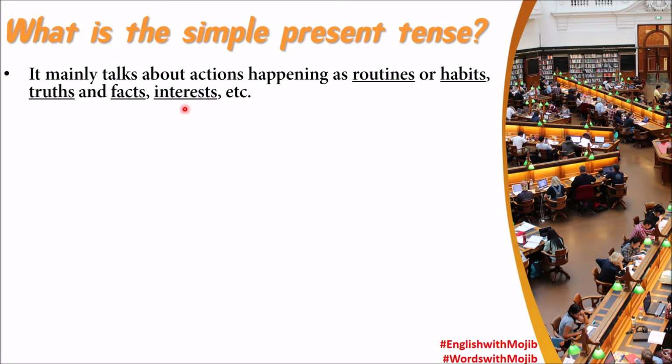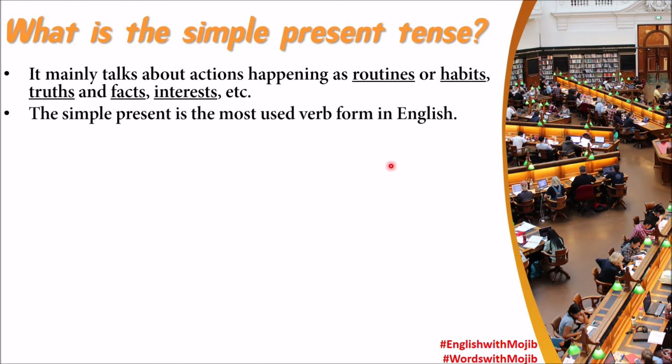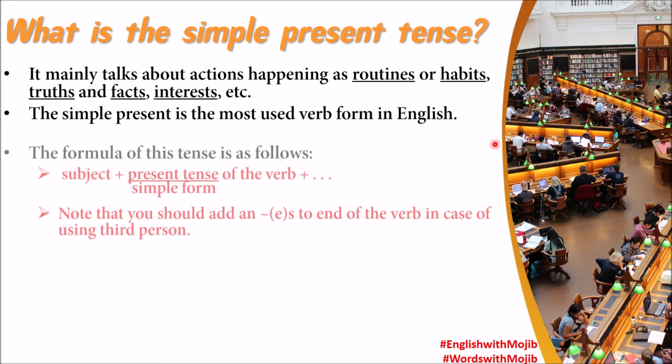Interests, something you like, you dislike, you hate, you love, etc. Other things, same as these. The simple present is the most used verb form in English. So, if we learn simple present, it will help us a lot learn English language better and easier.